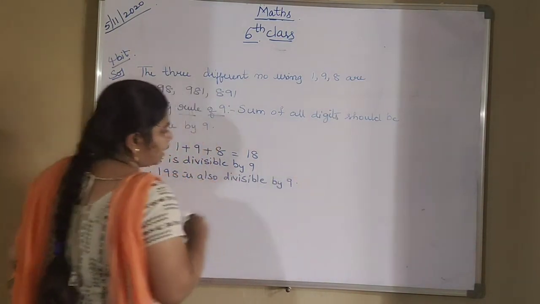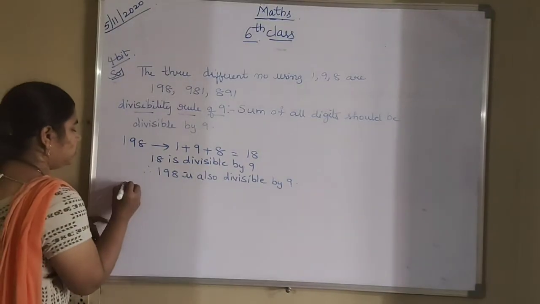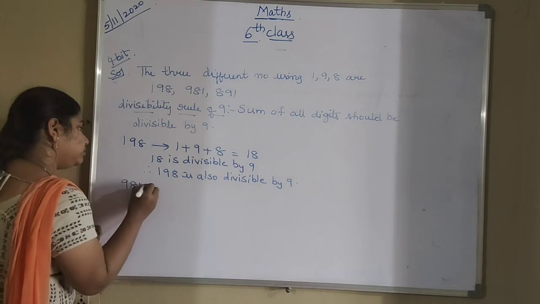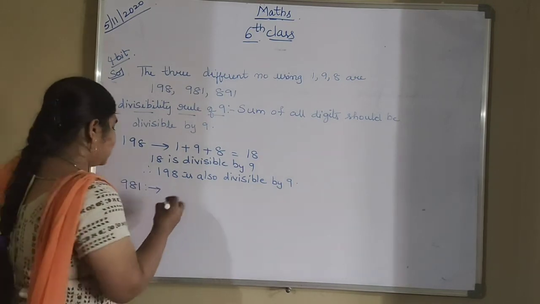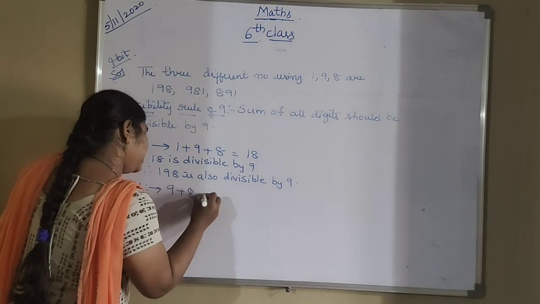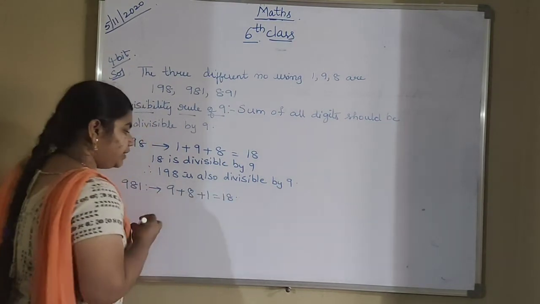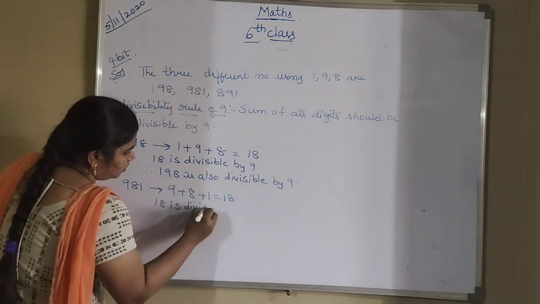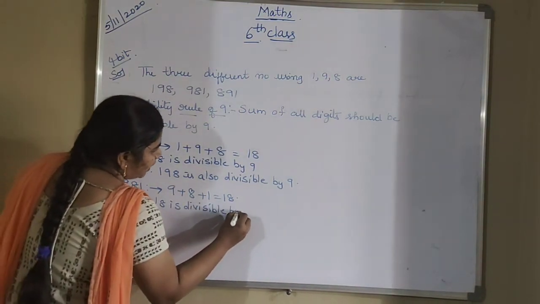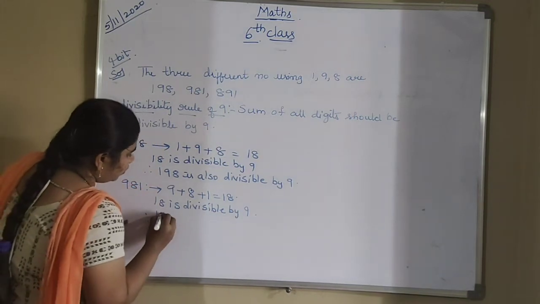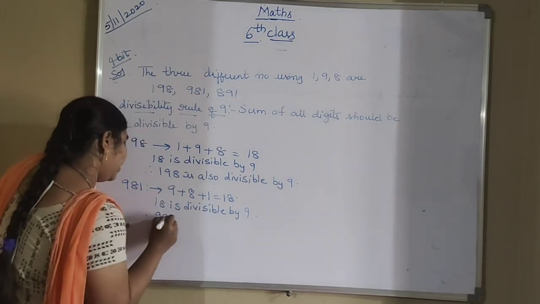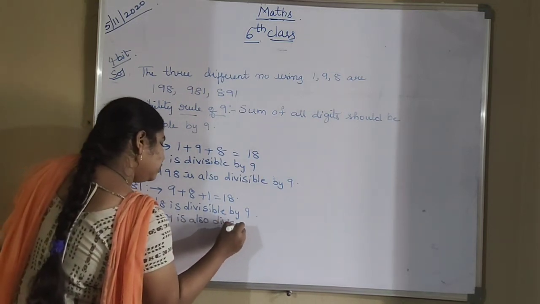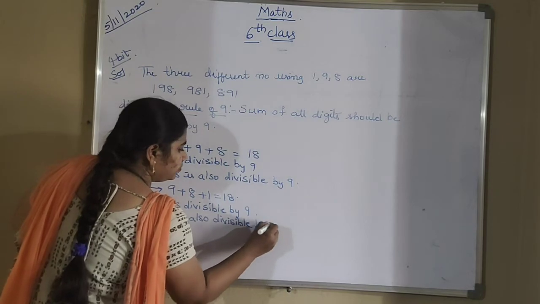Now next number is 981. So again you check this. 9 plus 8 plus 1, again it will be 18. So 18 is divisible by 9. So therefore 981 is also divisible by 9.